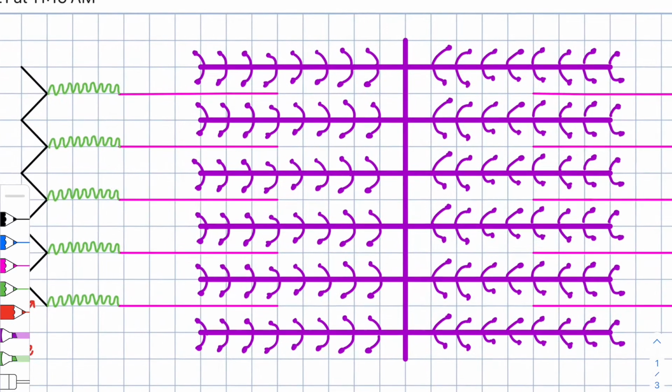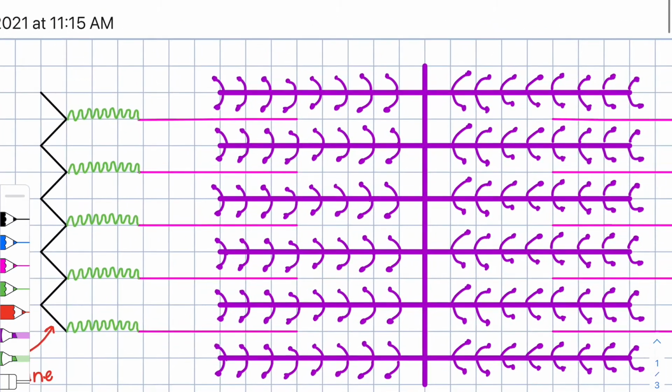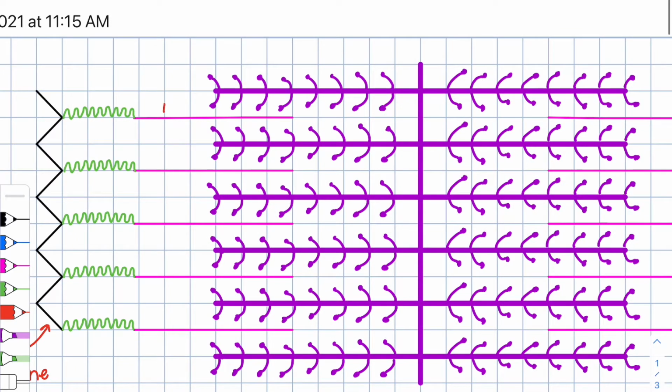I want you to take a look at this pink color. That pink color is representing your thin filament. That's called your actin. So your actin is your thin filament. And then we have this thicker filament in purple, and that's called your myosin.